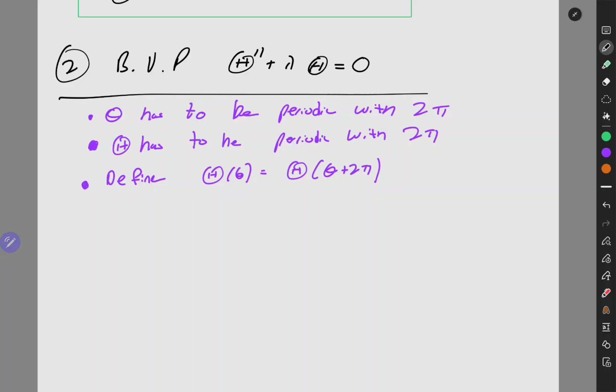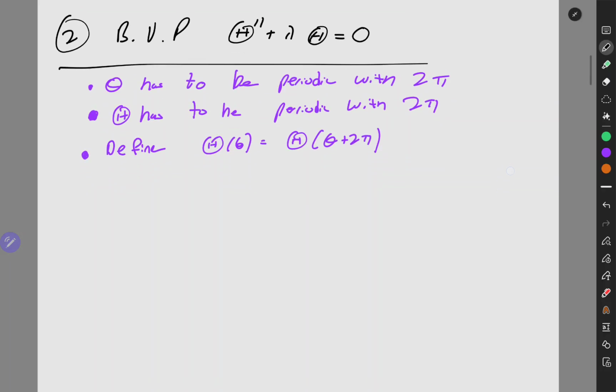So we're going to solve our boundary value problem just like we've been. Let's look at case 1, when lambda is greater than 0. That defines lambda as being positive mu squared.